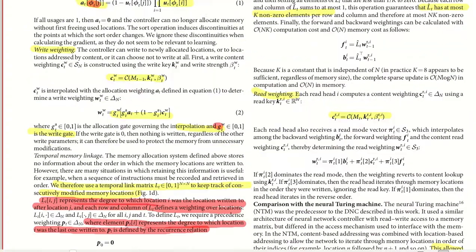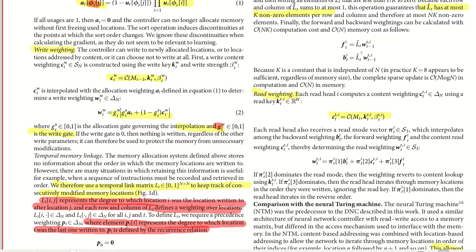So, by multiplying L or the transpose of L by a certain vector, we can get the distribution of locations that were written before, or after, the distribution of locations that we defined by W. So W is going to be a distribution over locations, and by doing the dot product with L, it is going to give us a distribution of locations that were written before or after.